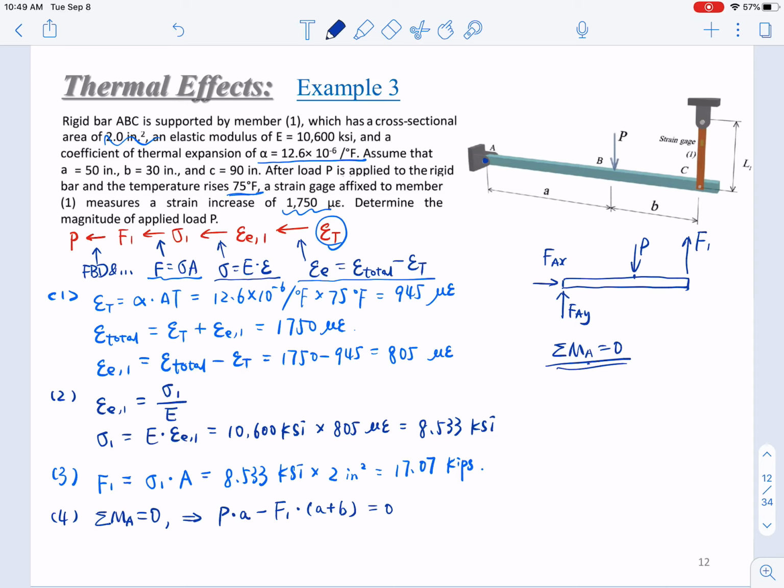So P equals F1 times (a plus b) over a. F1 there, 17.07 times (a plus b) is 50 plus 30, over 50. Here we get 27.3 kips. That's it.